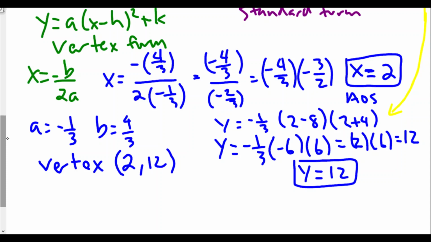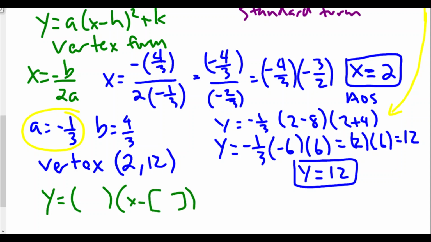Okay? Once we have that, we can plug into our formula here, and we know the a value. Remember, the a value was negative 1/3. So in our vertex form, we plug in our a value, so y is equal to negative 1/3 times x minus our h value, squared, plus k. Our vertex is h comma k.